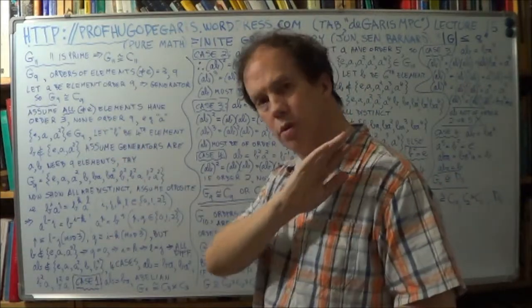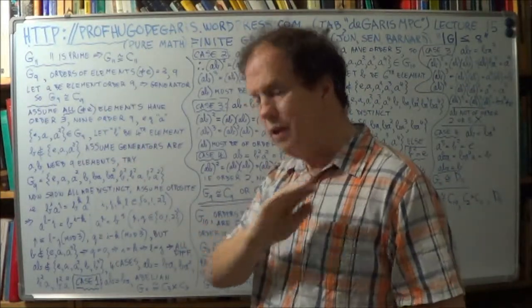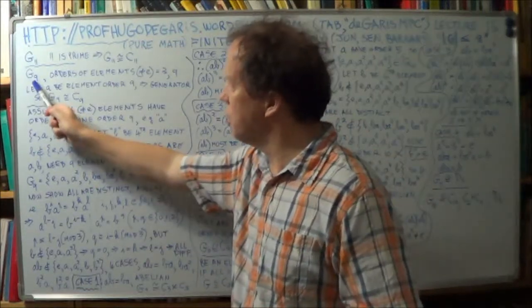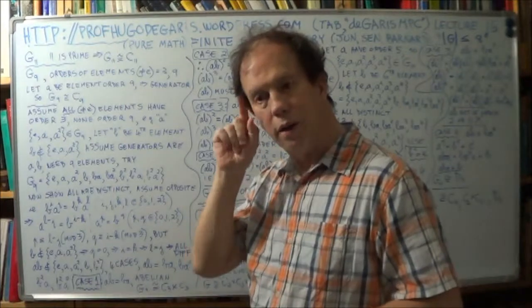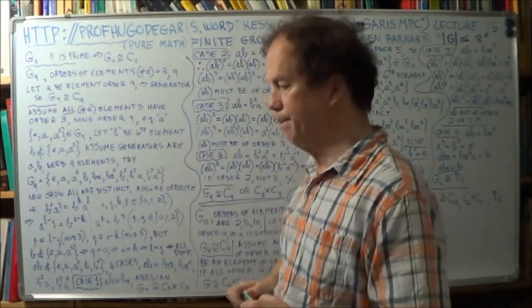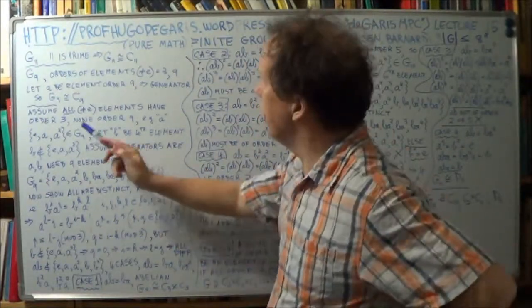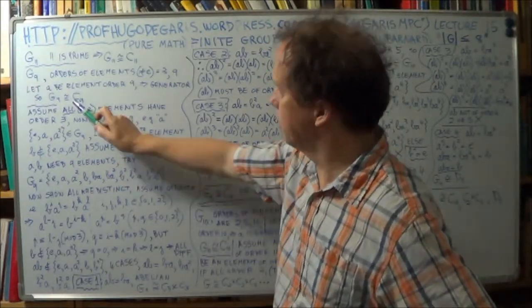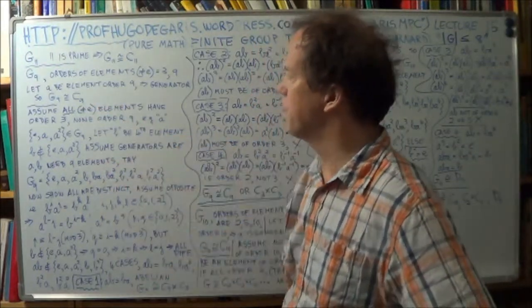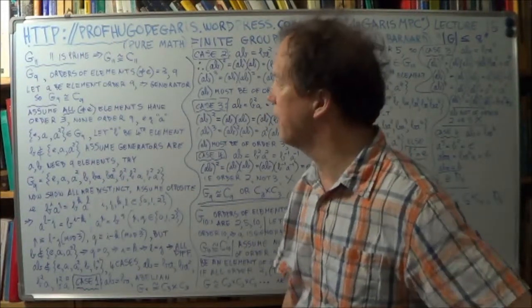Now that will be true, and I've said this several times, it doesn't matter what your order is. For G of n, there will always be a cyclic group of order n. All right. So we've found one at least: C9, the cyclic group of order 9.